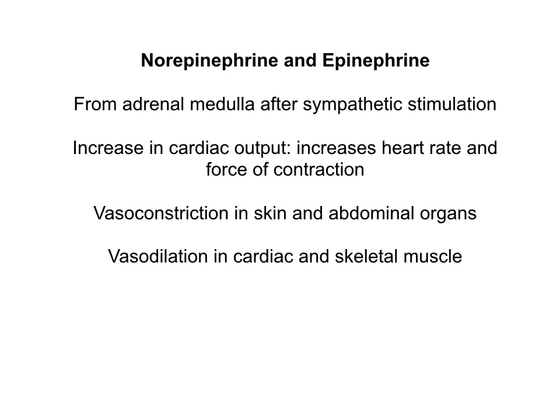They create vasoconstriction within the vessels of the skin and the abdominal organs, and vasodilation within your cardiac and skeletal muscle. Now, in order to understand these two effects and why they happen, you have to think about your sympathetic stimulation. Sympathetic is when you are in fight and flight.